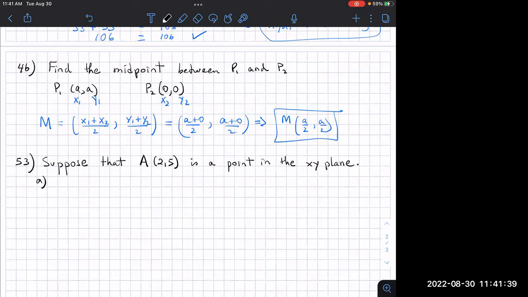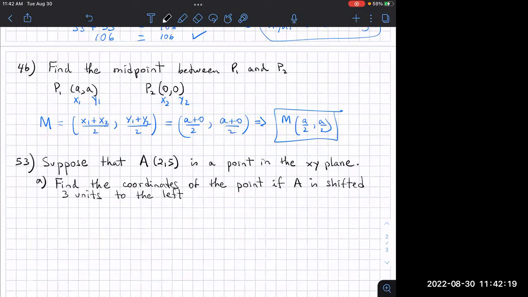Find the coordinates of the point if A is shifted 3 units to the left and 4 units down.